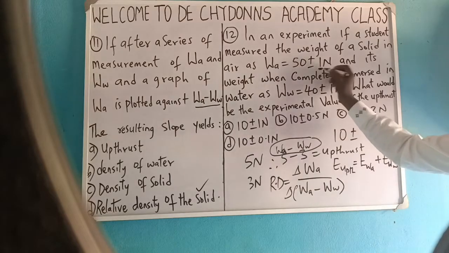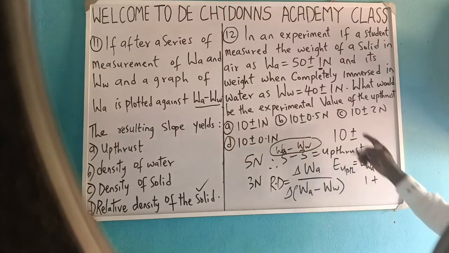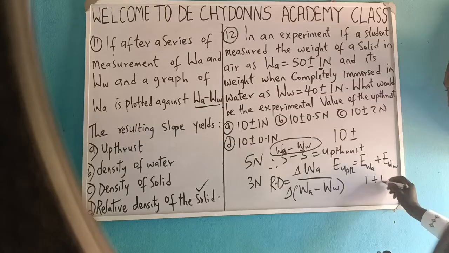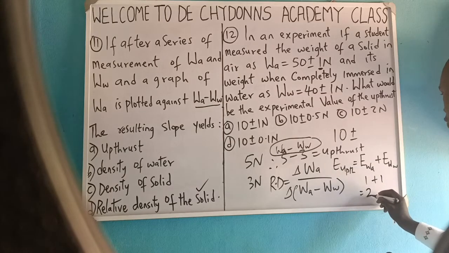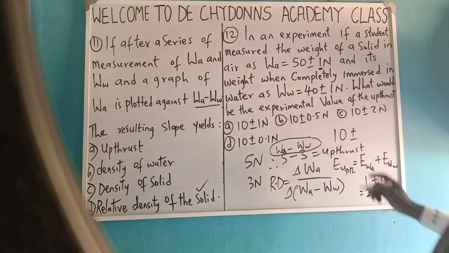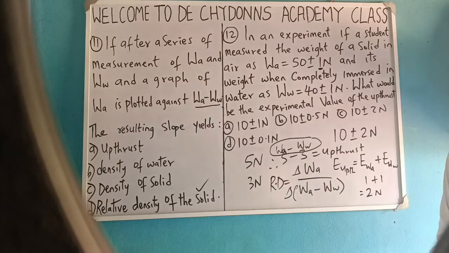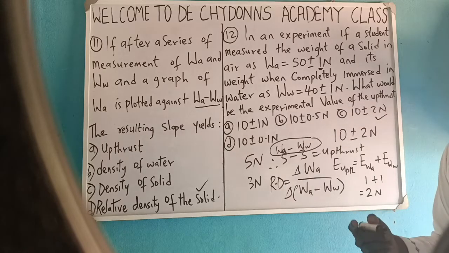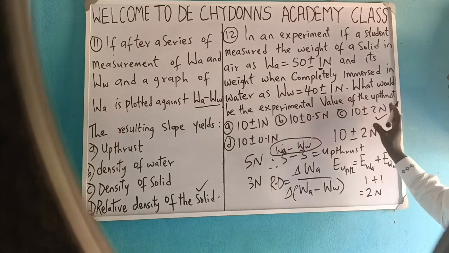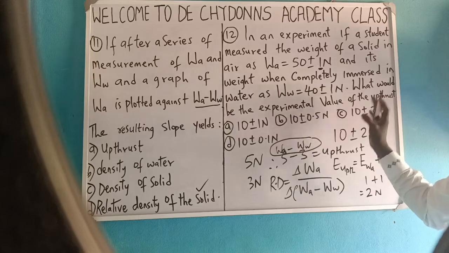What is the maximum error? 1 plus 1, so we say 2 what? Newton. So 10 plus or minus 2 Newton is the answer, and that goes to option C. This gave us the exact option.